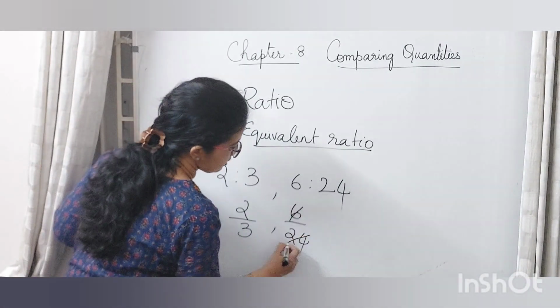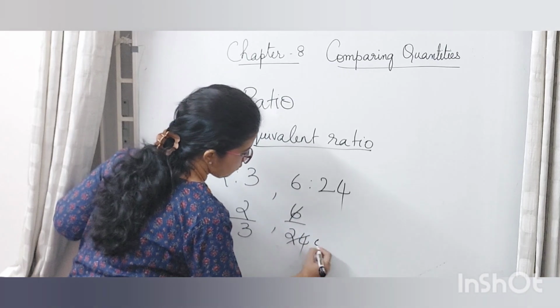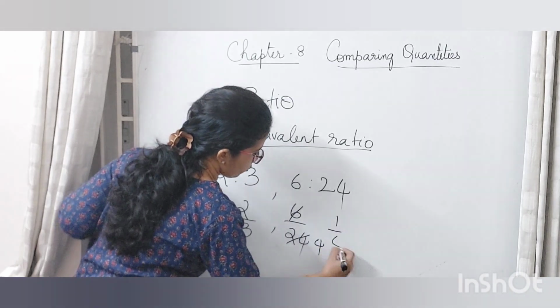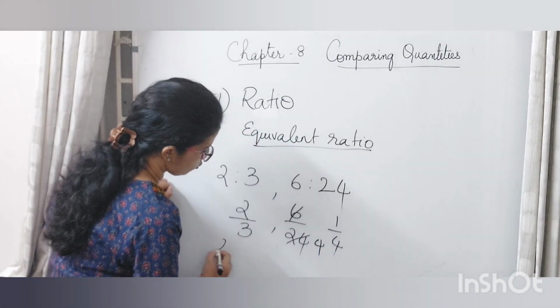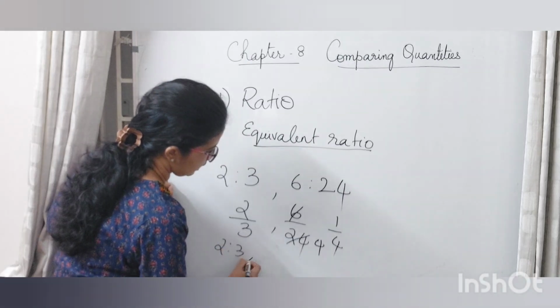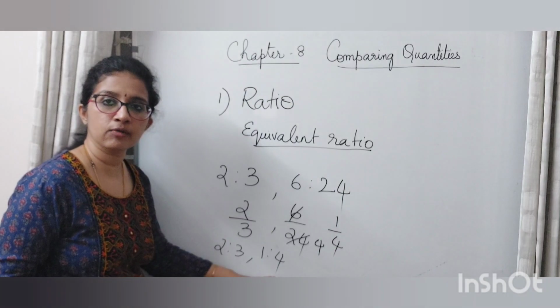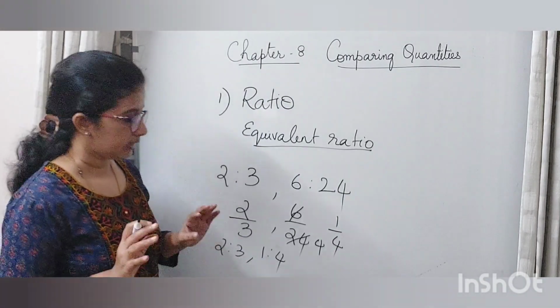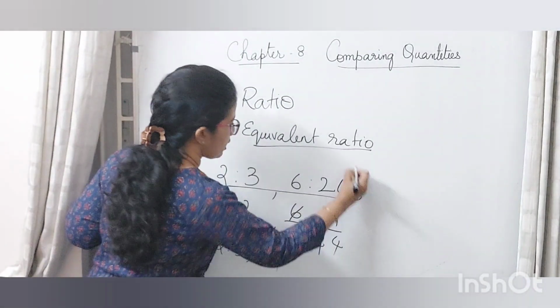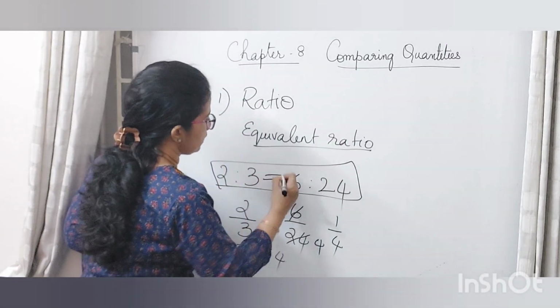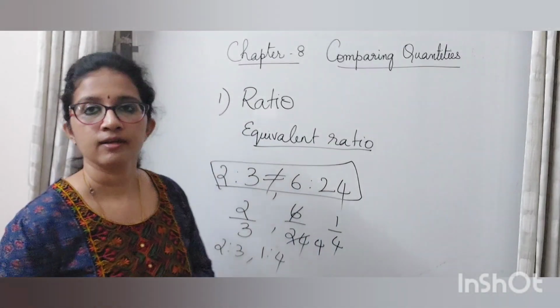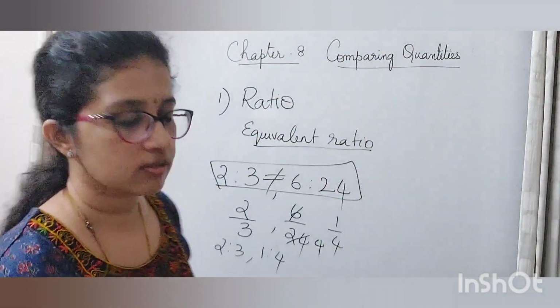If we cut this, you will get 6 fours are 24. So 1 by 4. So 2 is to 3 and the other one becomes 1 is to 4. So are these two equal? No, they are not equal. That means that these two ratios are not equivalent. Clear with the equivalent ratios?